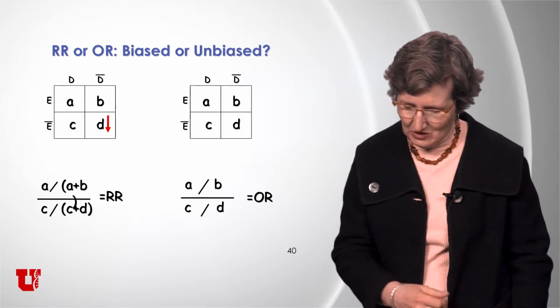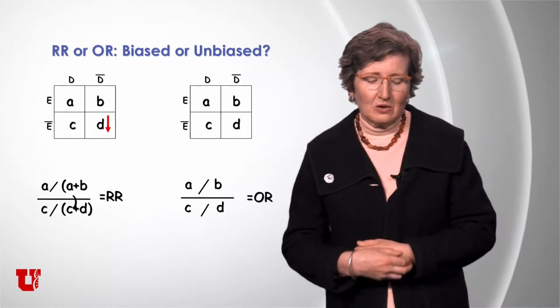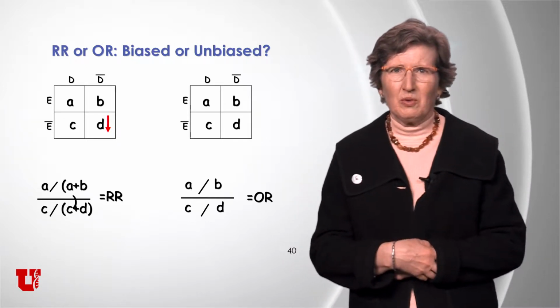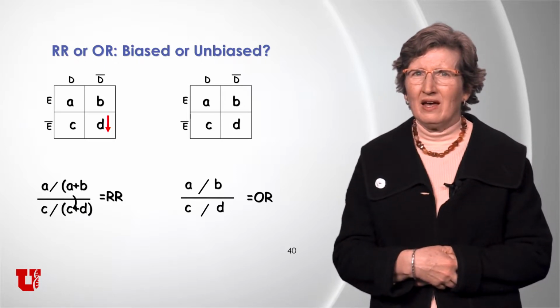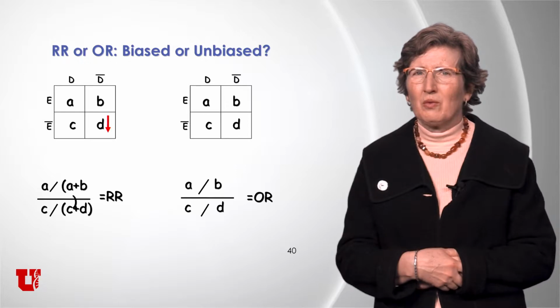So suppose we had a situation where we're conducting a cohort study and for some reason people who were unexposed and also did not have the disease outcome were underrepresented.